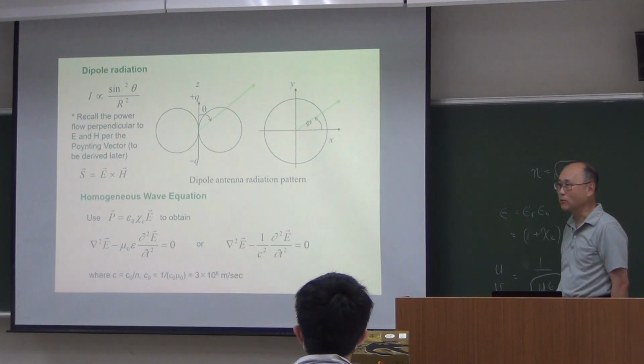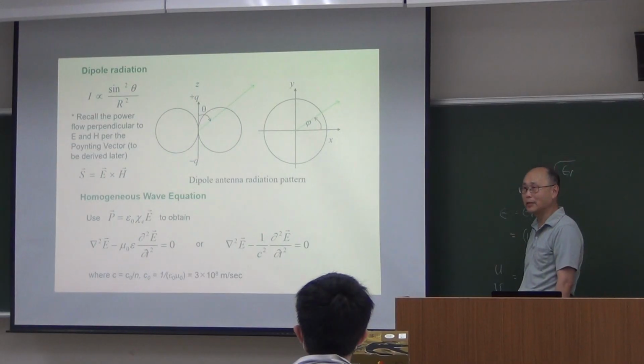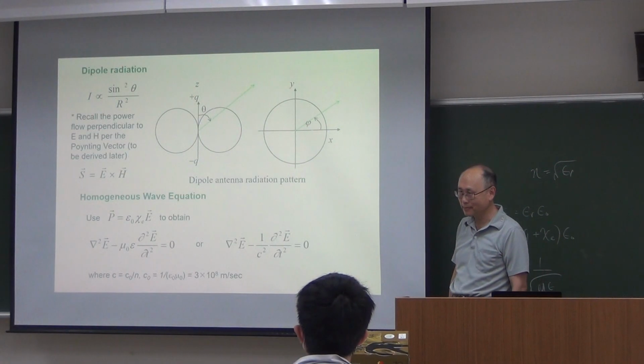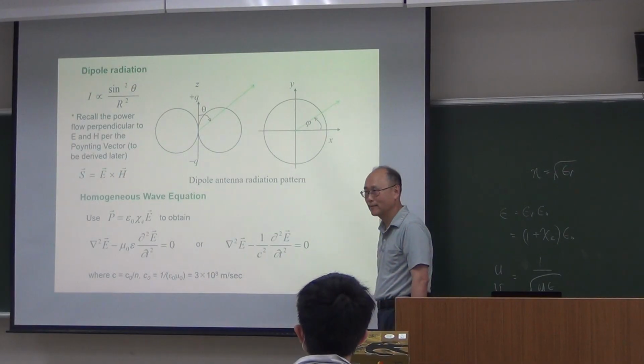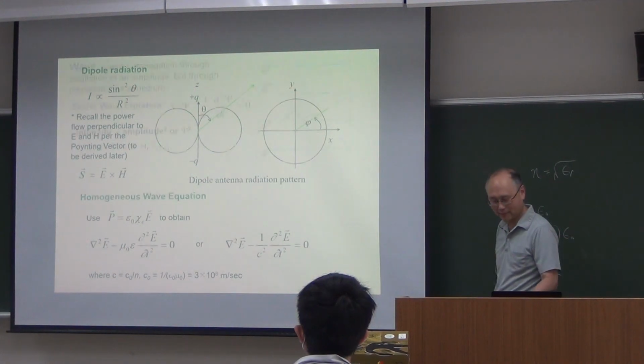And in optics, we talk a lot about the refracting index, and the origin of it is the response of the dipoles in the material. All right. Any question? Come on, say something. No question. Good.